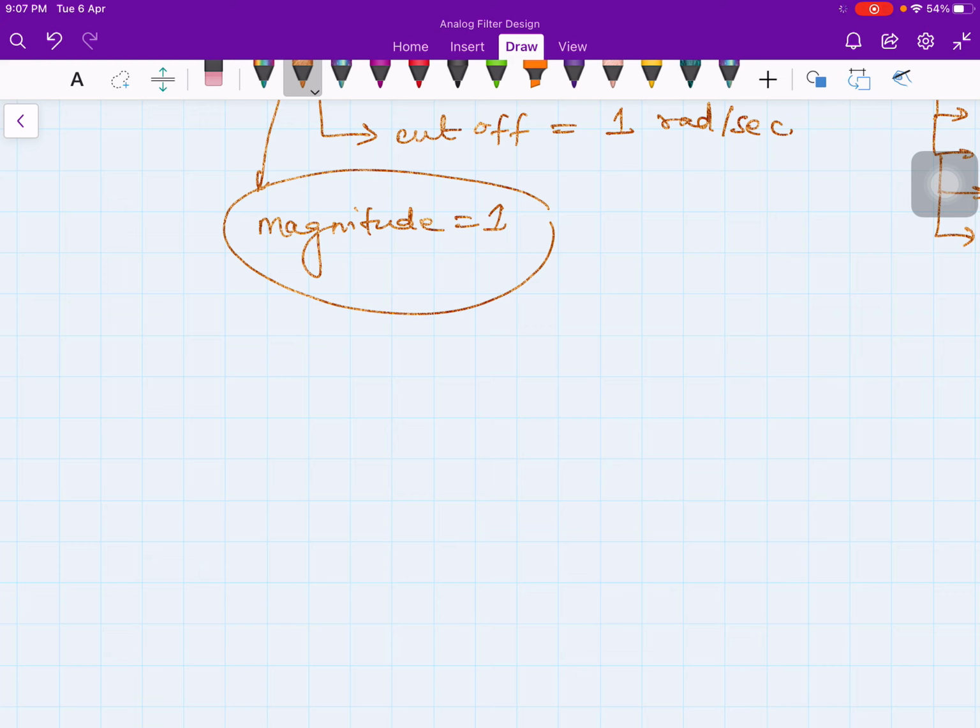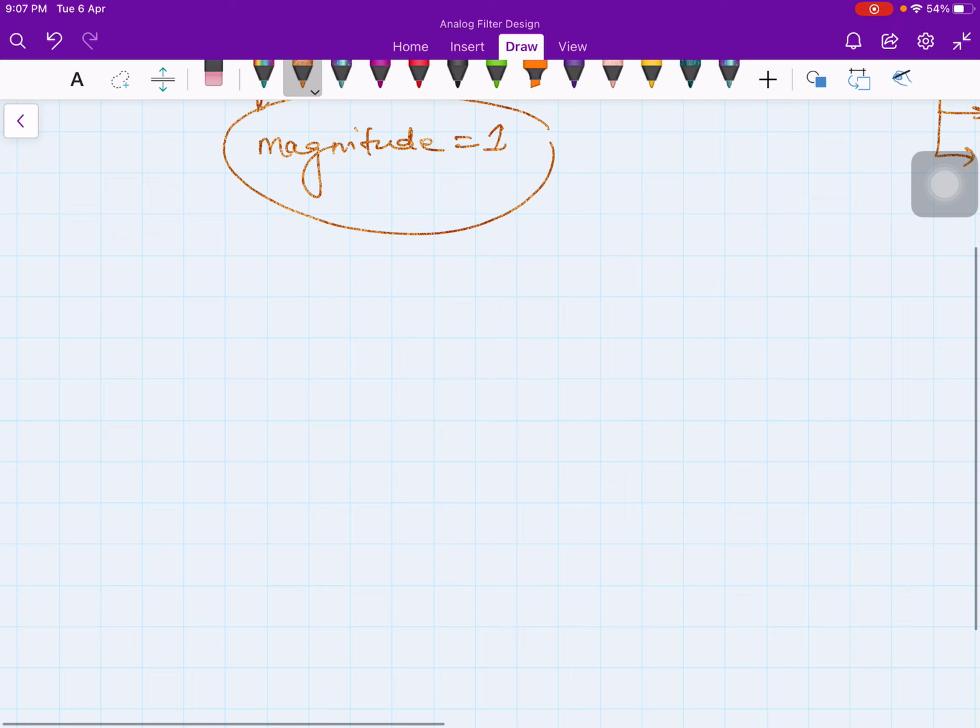Not only this low pass filter but also all other filters we will do this normalization. We always do, irrespective of analog or digital, whatever it is. Now in this lecture and the following couple of lectures, we will discuss how to transform a normalized low pass filter into other kinds of filters.